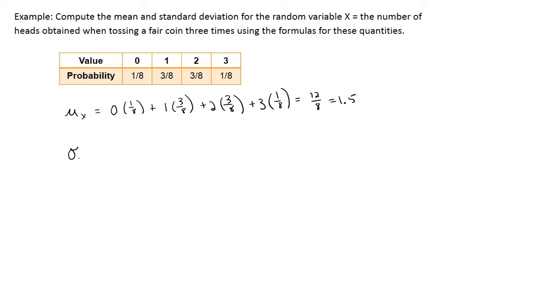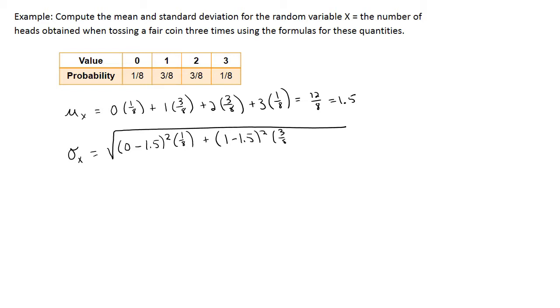For the standard deviation, I like to just go ahead and put a big square root. So it's the square root of the individual value minus the mean, which is 1.5, squared, times its probability of 1/8, plus the next value of the variable minus the mean squared, and then 2 minus the mean squared times the probability, and then plus 3 minus the mean squared times its probability.